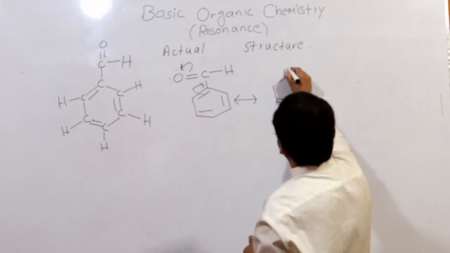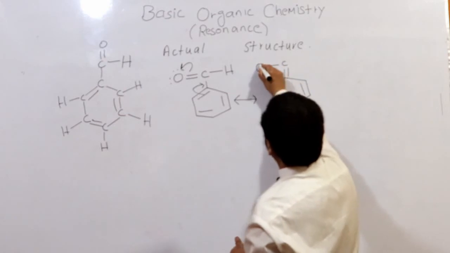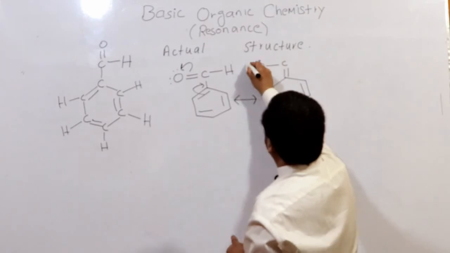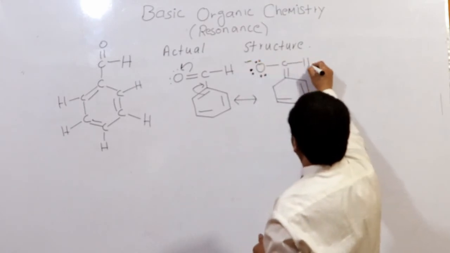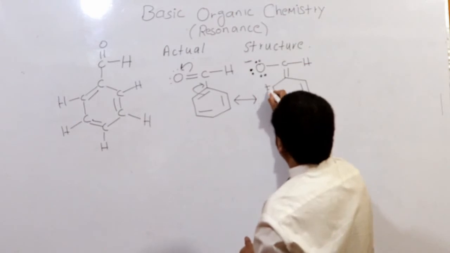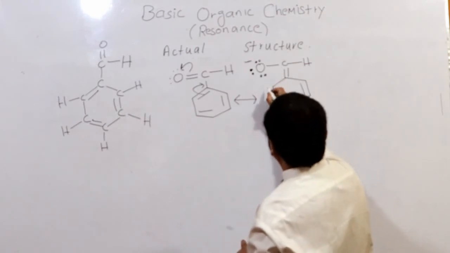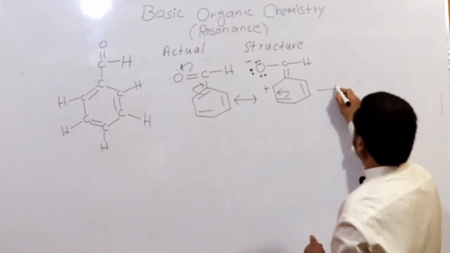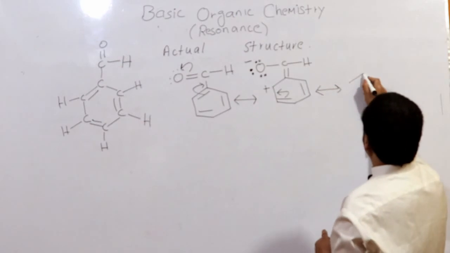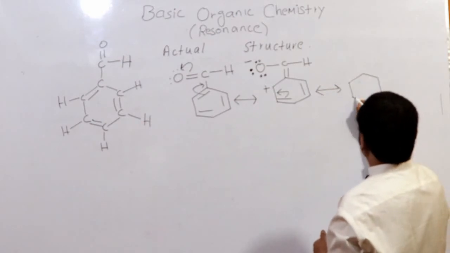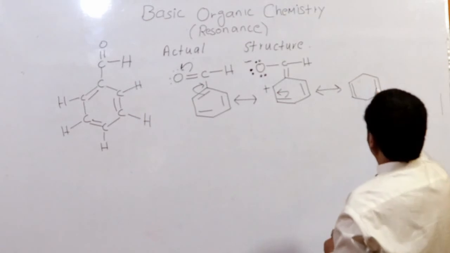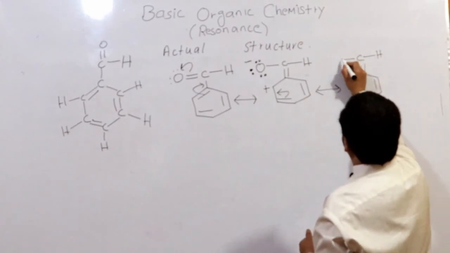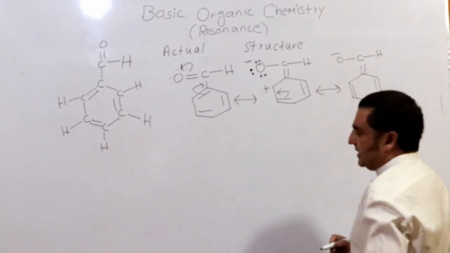Now it has a double bond, but now this has a single bond and a negative charge. The hydrogen is in its place, but now a positive charge appears here because electrons moved away from it. Now those electrons are shifted here. This is the canonical form because now positive appears here. I am not writing all the lone pairs because it is taking time.